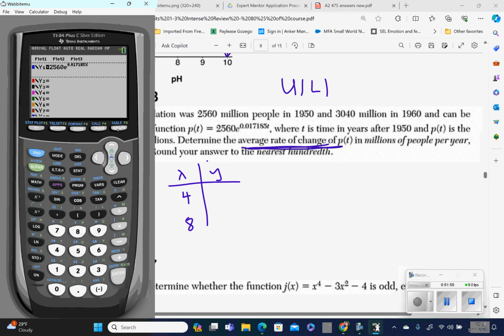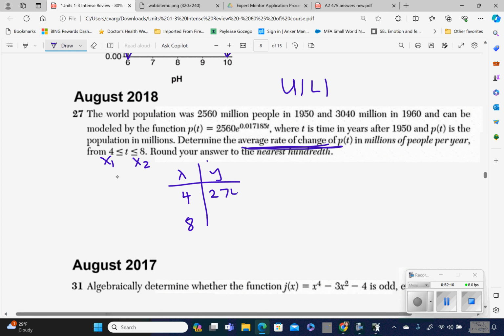So if I go to my table, I'm looking across from 4. I have this number right here, 2742 point, and you want to try to get as exact as possible.